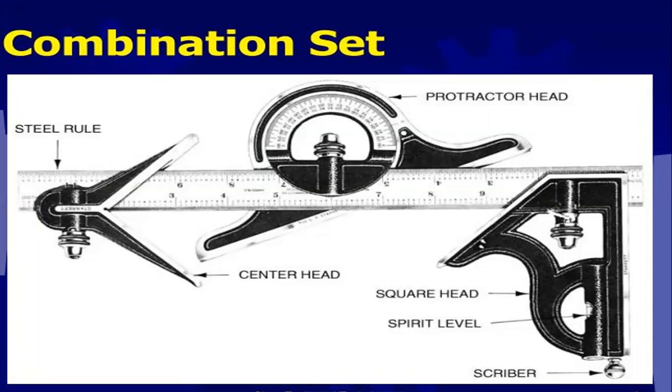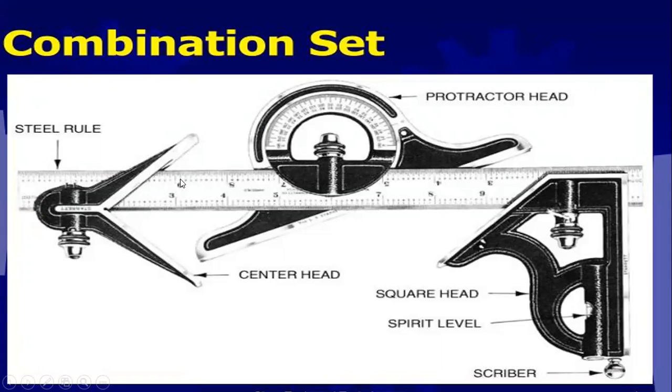Next, this is the combination set. You can see the steel rule here.